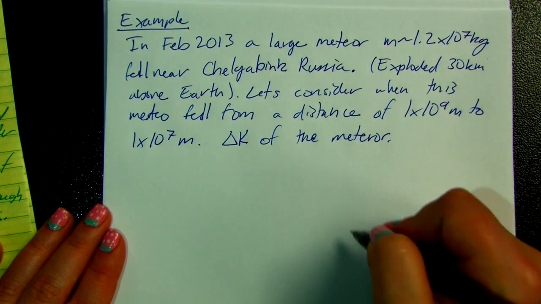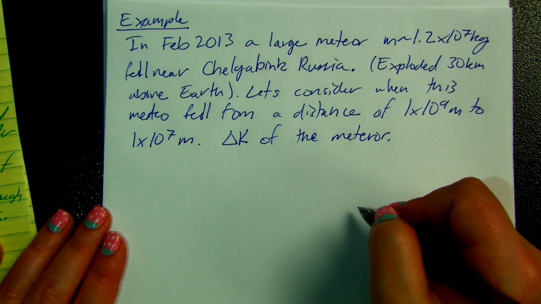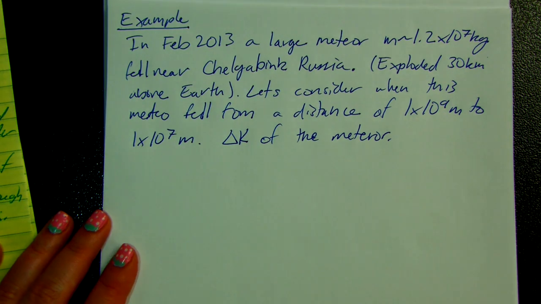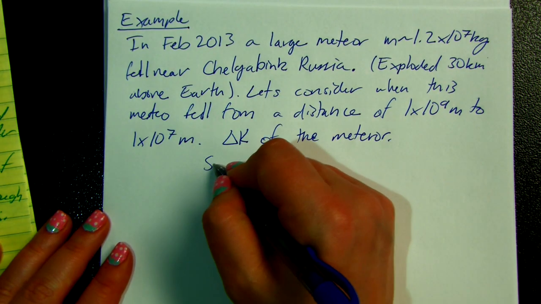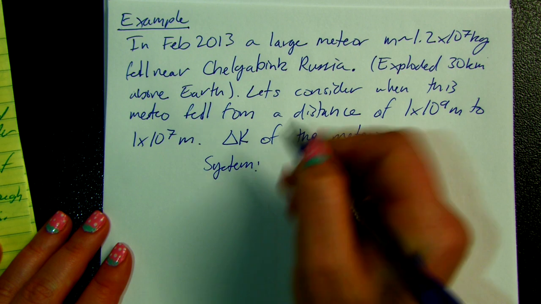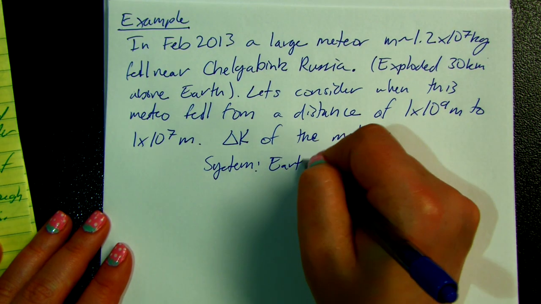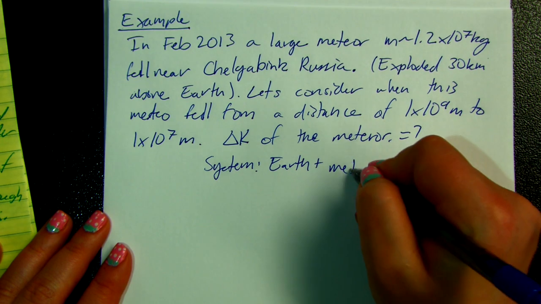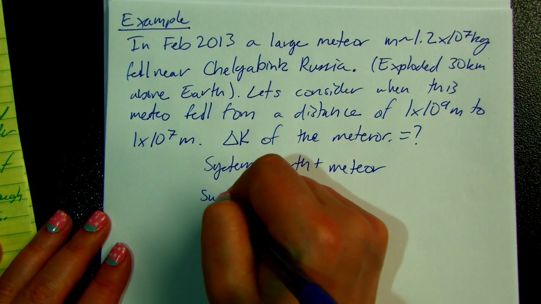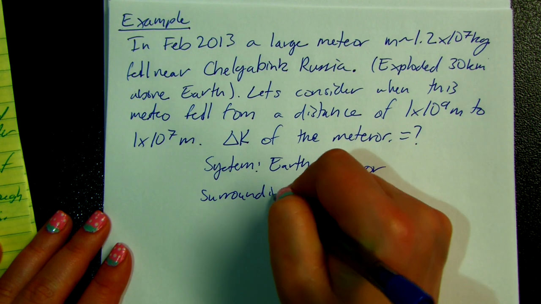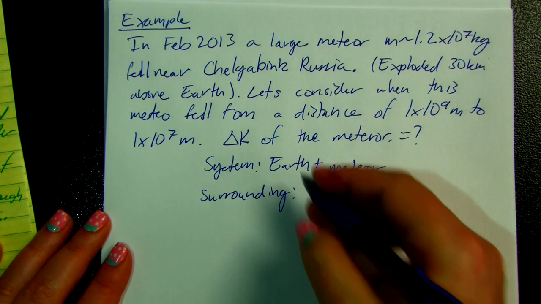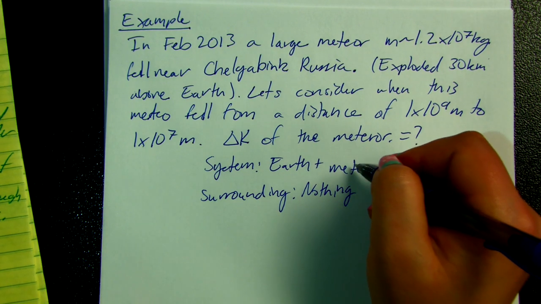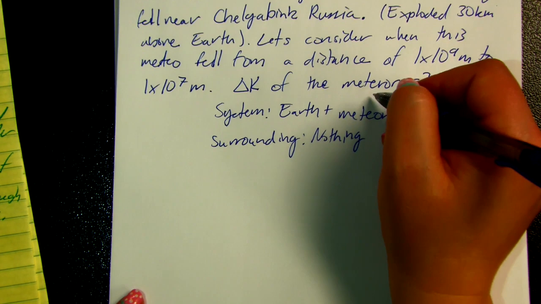We're going to walk through this and really focus on the signs. Signs are tricksy and they can get you into trouble if you don't keep track of them. Our system is going to be the Earth plus the meteor. Our surroundings do no work and exert no force that's interesting. Jupiter's there, it's not making a difference.